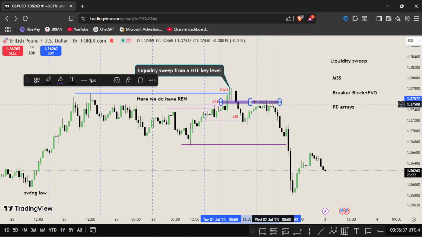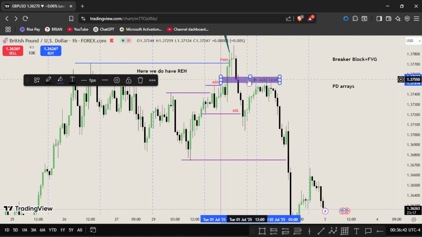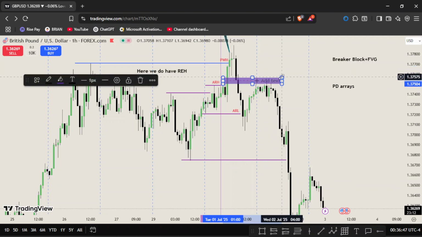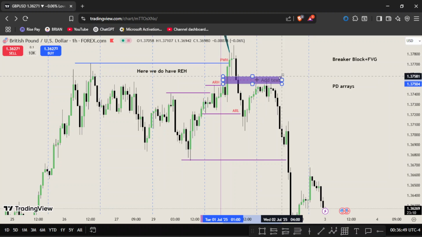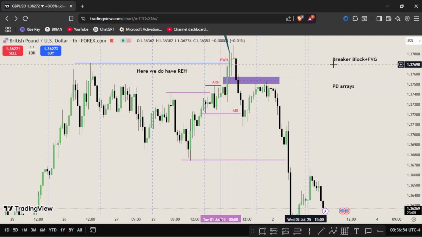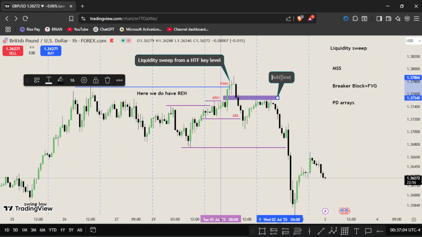If you look closely, we created that fair value gap. Wasn't that what we created? So price made a fair value gap. Let me indicate this. This was a 1 hour bullish fair value gap.